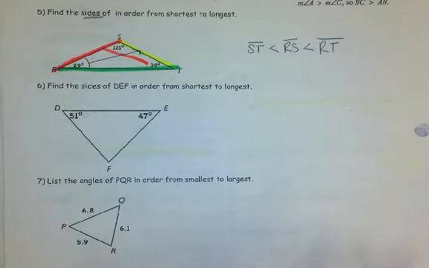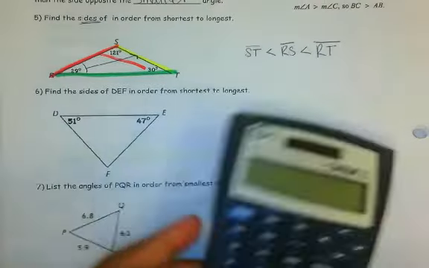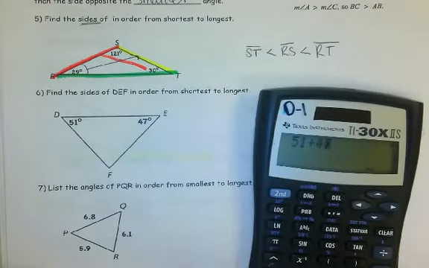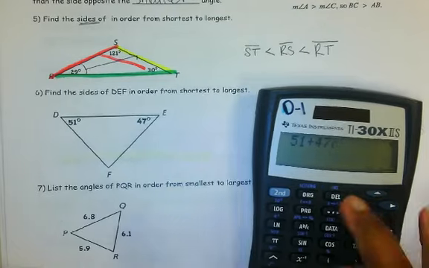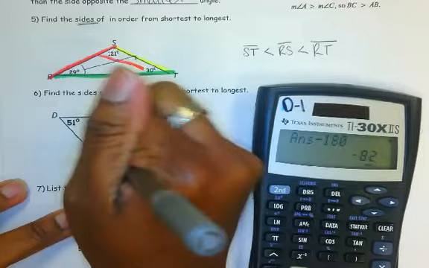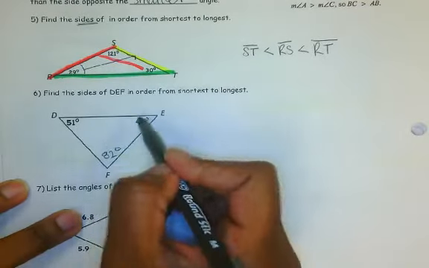All right. Now we need to find the sides of DEF in order from shortest to longest, but we only have two of our angles. But we know three angles in a triangle add up to 180. So if we do 51 plus 47, and then subtract from 180. I know it says negative, but I just did it backwards, so that means it's 82 degrees.